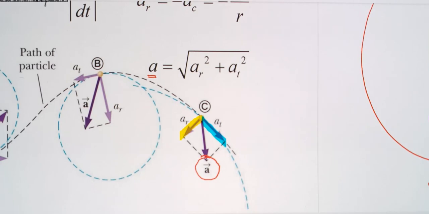Radial acts as y and tangential acts as x. That is correct because it depends if it is going in a perfect circle or a different circle. It's not always, the angle is not always 90 degrees between the two components.